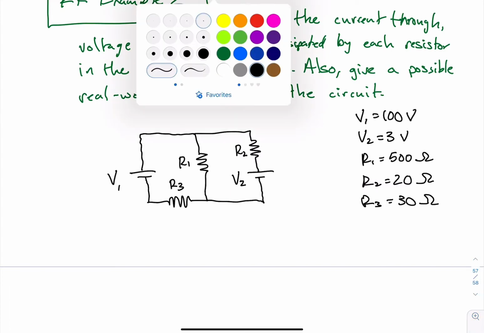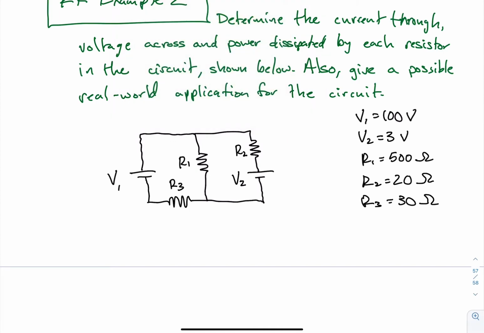We're going to have to start by applying those conventions and labeling our currents and loops arbitrarily. I'm going to stick to the same way I've been labeling currents. I've always been labeling currents leaving the positive part of a power supply. We can call this I1. If we have I1 leaving V1, then we should have I1 returning to V1.